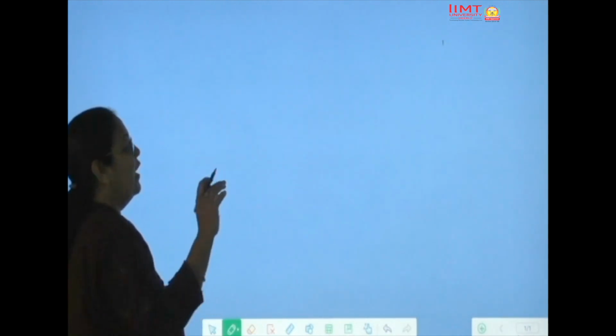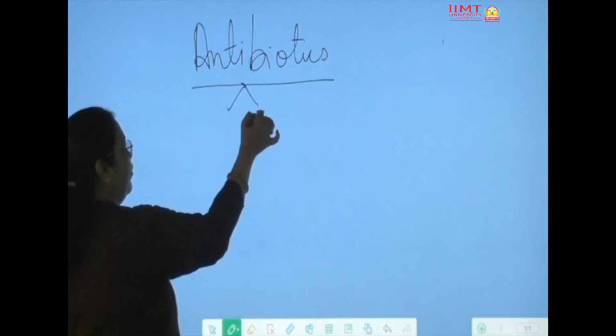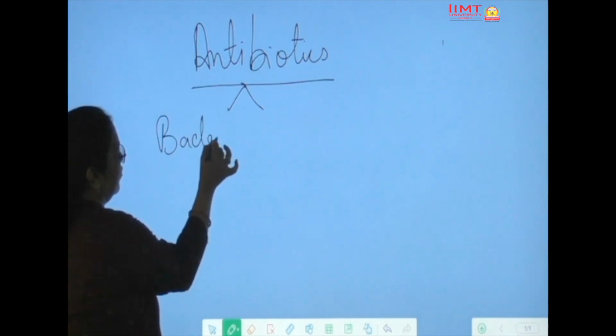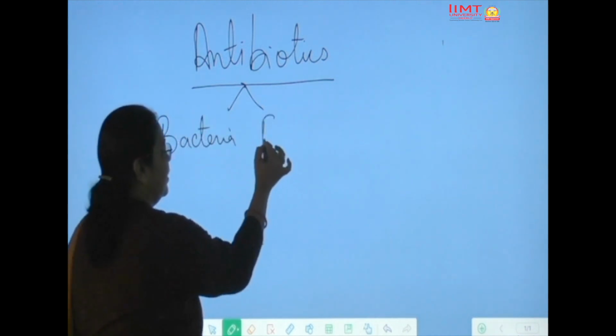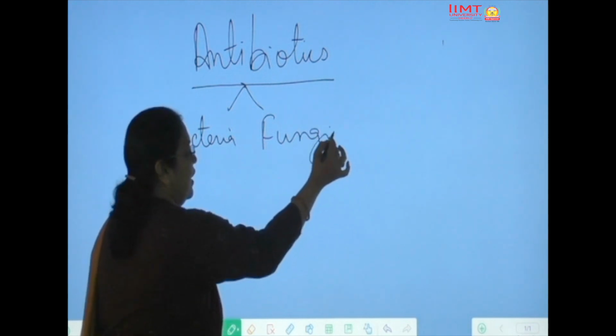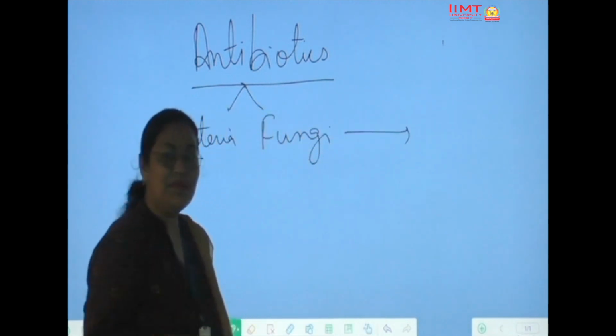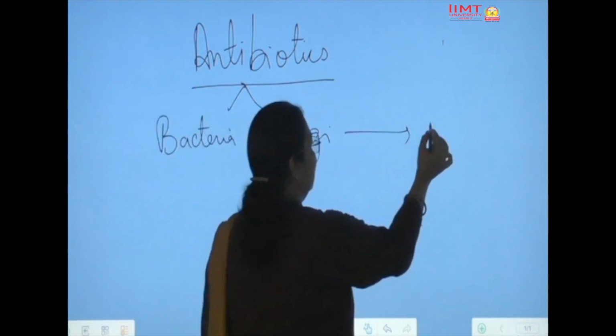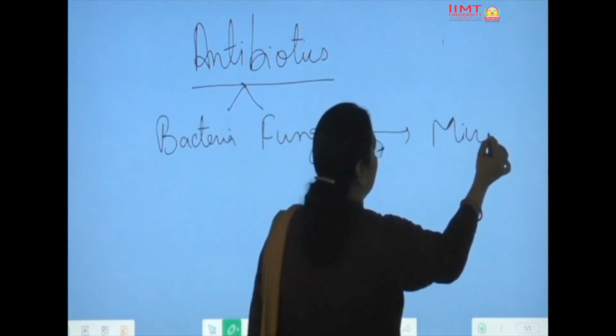The third type of metabolite produced by microorganisms that is of industrial importance is antibiotics, which are produced by certain bacteria as well as fungi, and these substances act as inhibitory substances for other microorganisms, right?